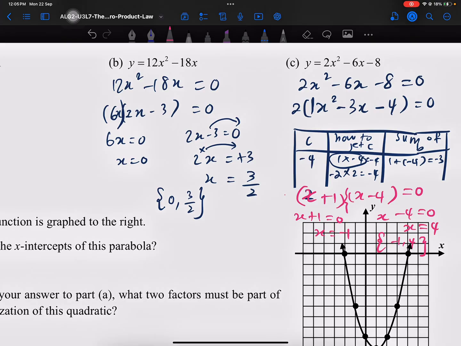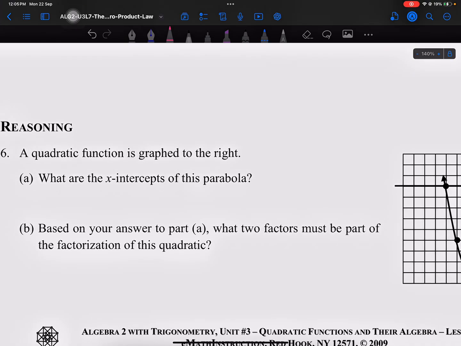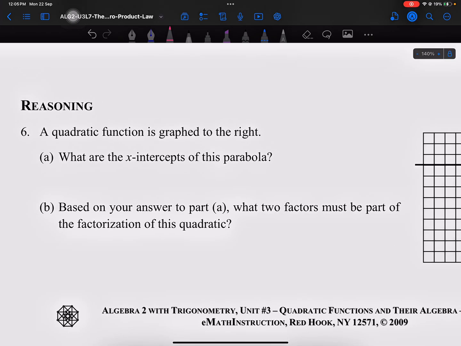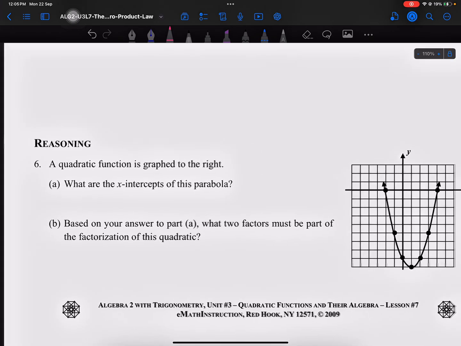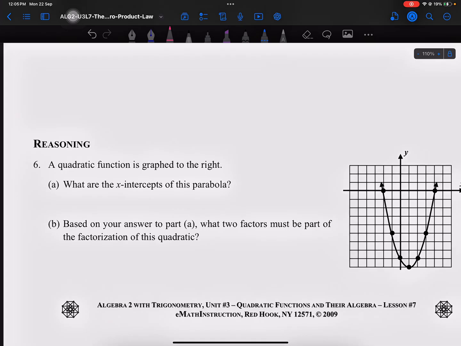Small to big. A quadratic function is graphed to the right. What are the intercepts of this parabola? So looking at the parabola, it crosses at negative 2 and 4. The x-intercepts are here: negative 2, here is 4. Okay, so x is negative 2, 4. What are the factors?